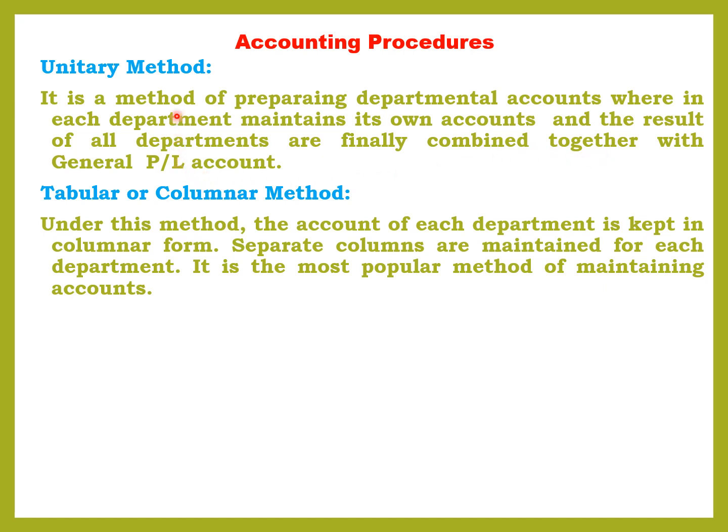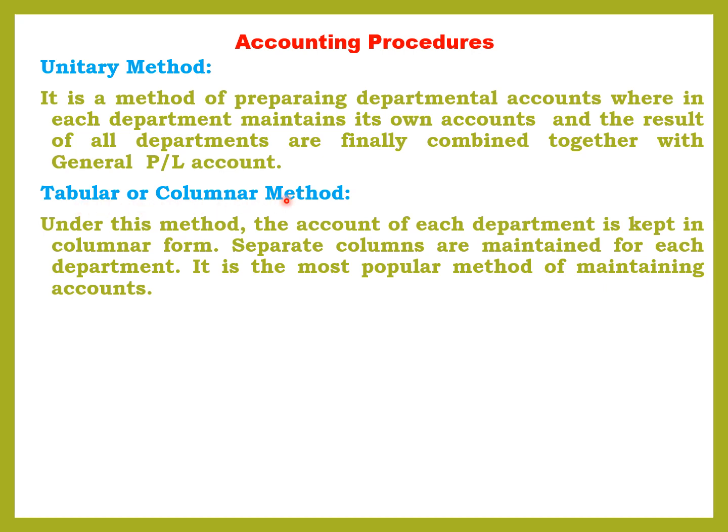So what we do, we maintain accounts of each department separately. The respective department will maintain their own accounts. For example, Department A account separate, Department B account separate, Department C account separate. So that's called unitary method.